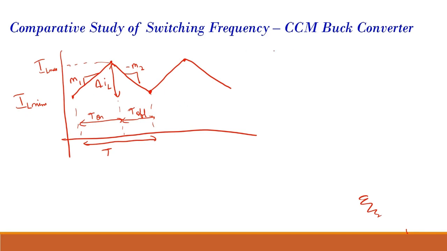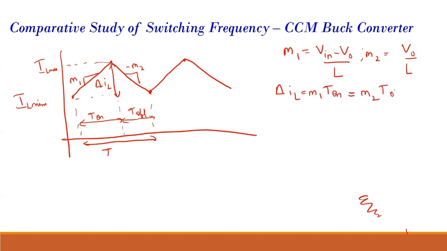For a buck converter, M1 is equal to (Vin minus Vout) upon L, and M2 is equal to Vout upon L. So this change delta IL is equal to M1 into T on, and also it should be equal to M2 into T off.